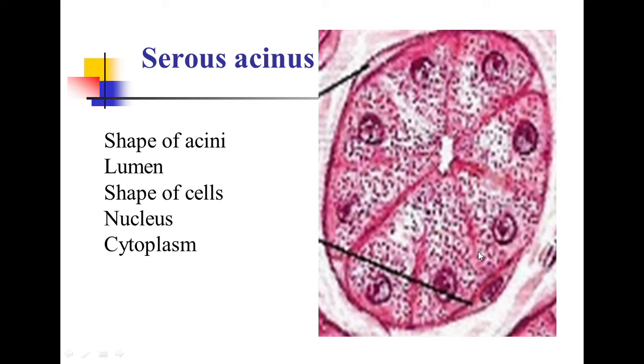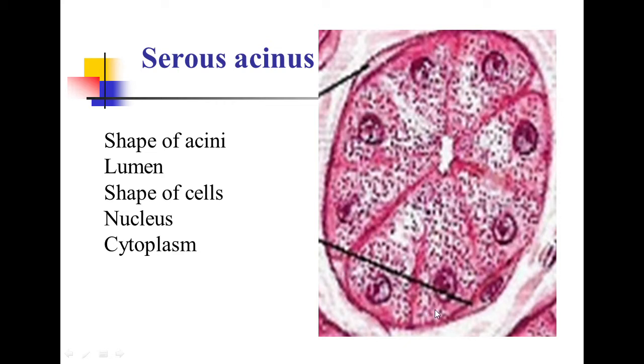Then these acini are darkly stained, and if you see the cytoplasm, the apical portion of the cell contains secretory granules and these granules are called zymogen granules, and they are eosinophilic.